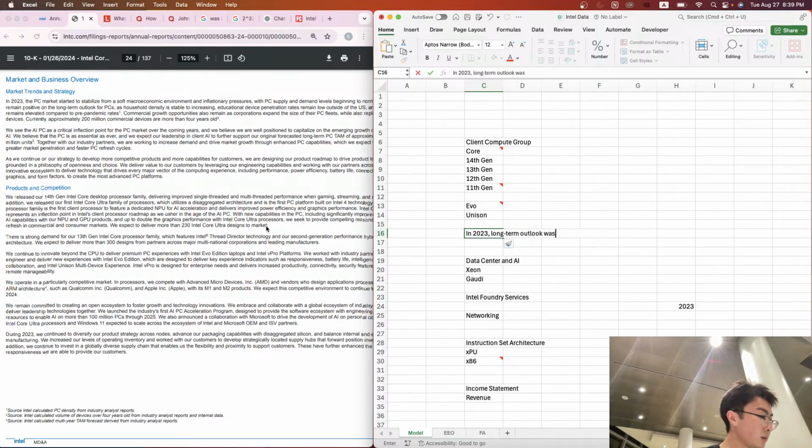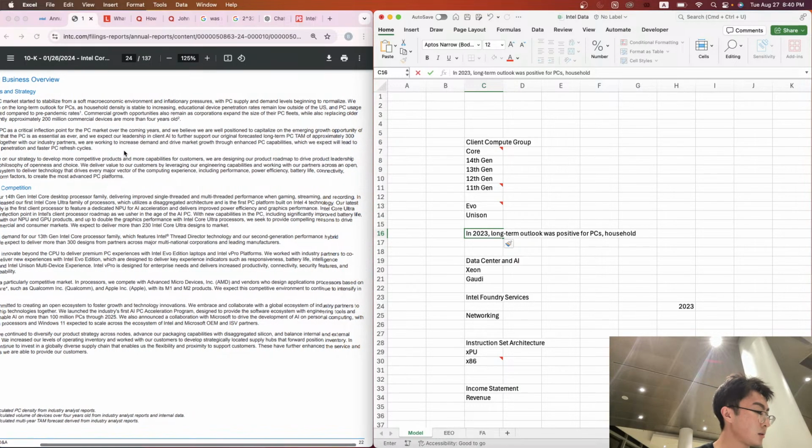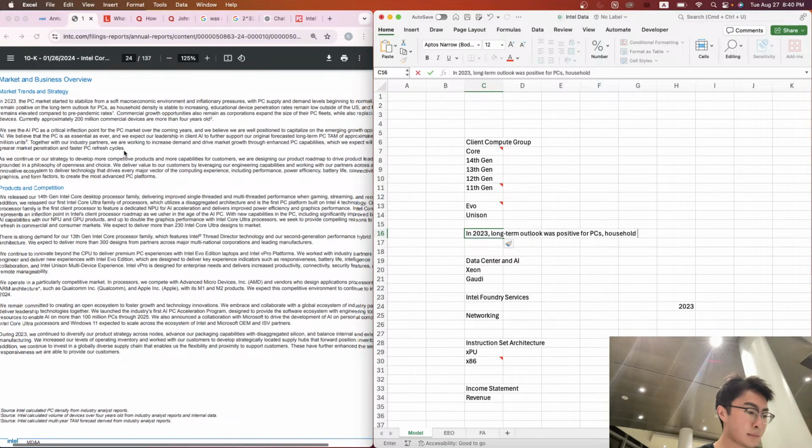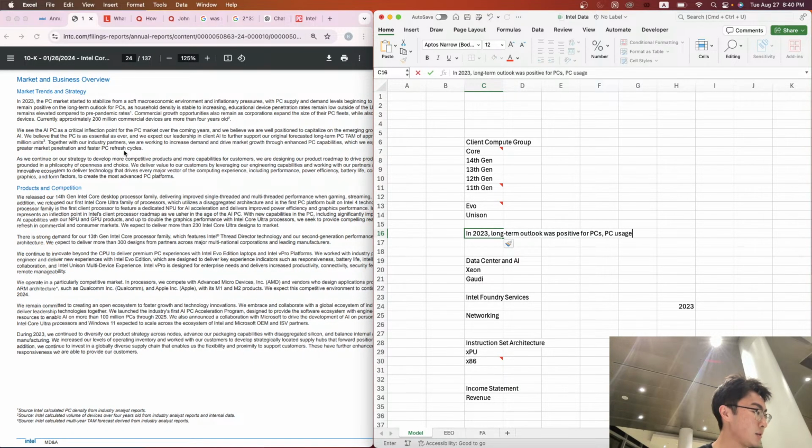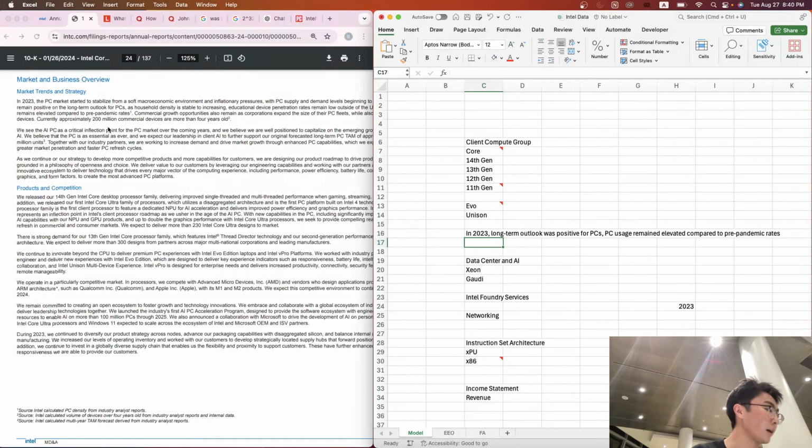Term outlook was positive for PCs. Household PC usage remained elevated compared to pre-pandemic rates.